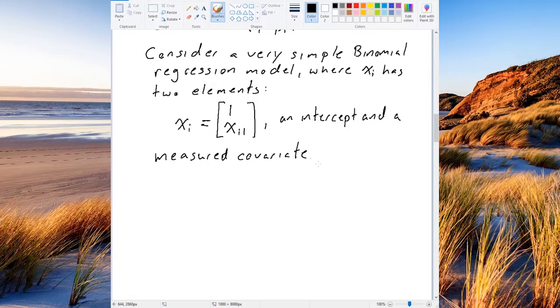So my X matrix, if I consider the X matrix for the whole problem, is going to look like, because now I'm going to turn these into row vectors, 1, x1, 1, x2, 1, dot, dot, dot, 1, xn.